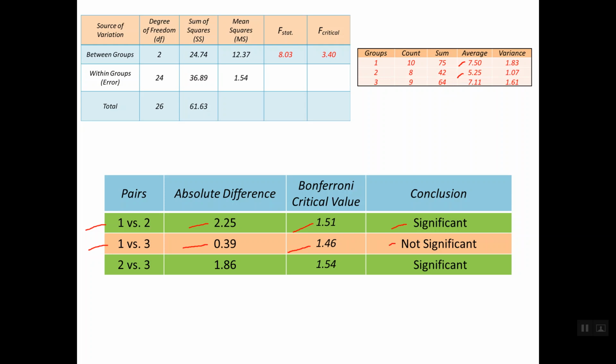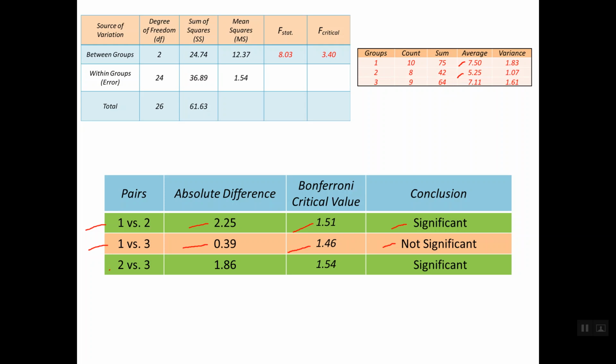So in this case, we don't have any significance between the mean for group 1 and the mean for group 3. In this case, we conclude that the mean for group 1 is the same as the mean for group 3. Or simply we can say that we accept the null hypothesis for this pair, and the null hypothesis states that there is no difference between the two means.